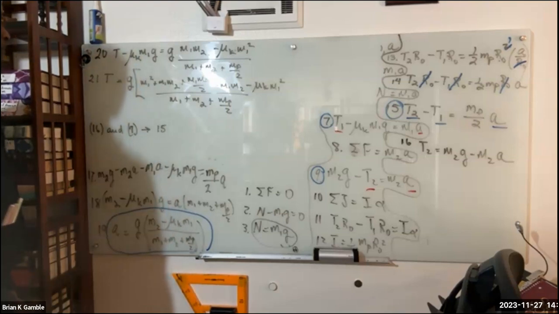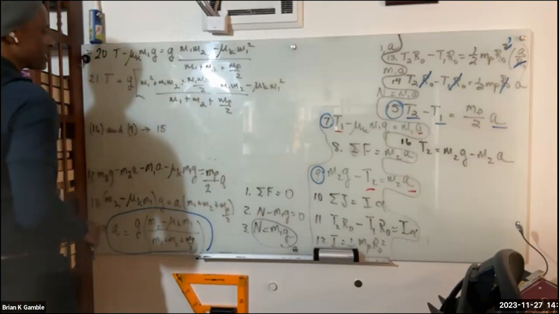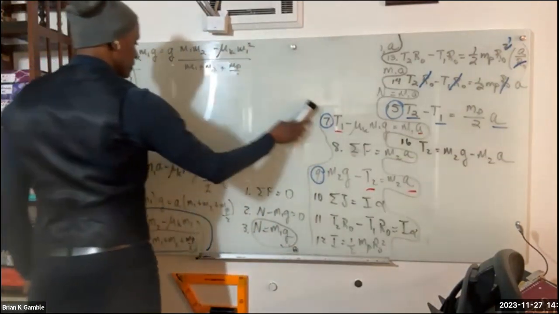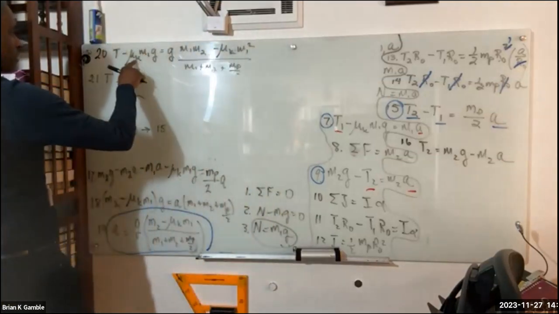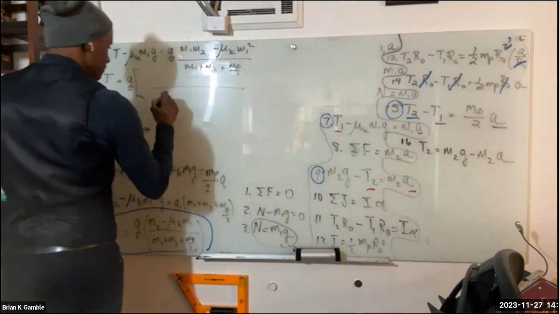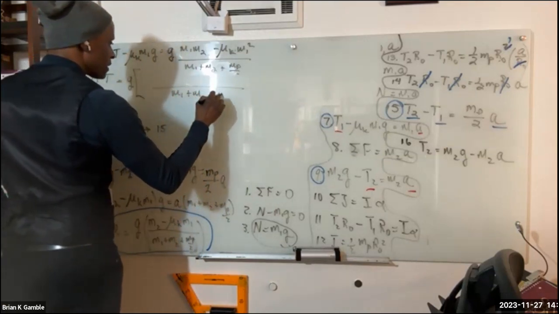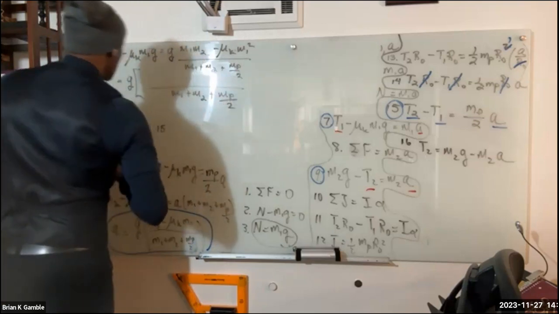Oh, I left off, there was a mu k on this. Oh, let's do all that over again. I forgot the mu. It's not just m1 times those, it's mu k times m1. So again, m1 plus m2 plus mp over 2.